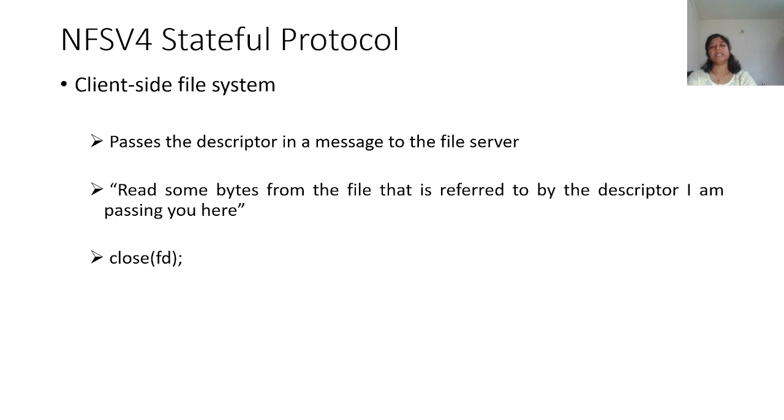Once the client is done with the read operations, it will return the file descriptor to the server. To do this, it has to call the close system call, which takes FD, the file descriptor, as the parameter.